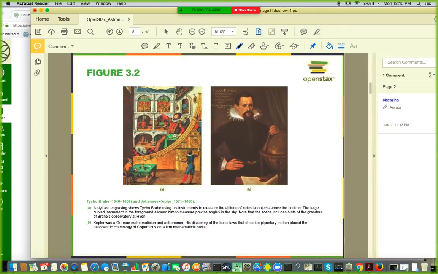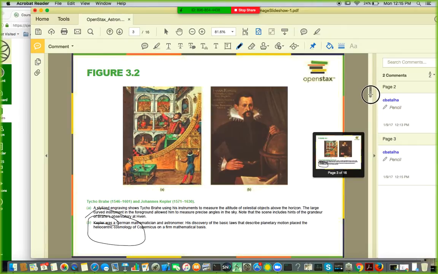But the main point is, in fact, he hired Kepler, it's right here, Kepler. He hired Kepler to be his mathematician and to try to find orbits using mathematical tools and present his models through the language of mathematics.